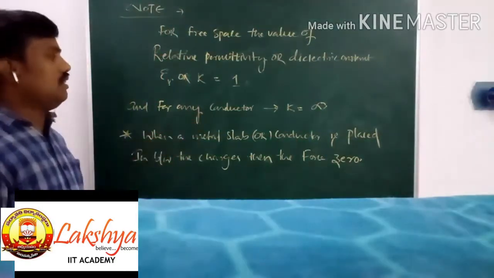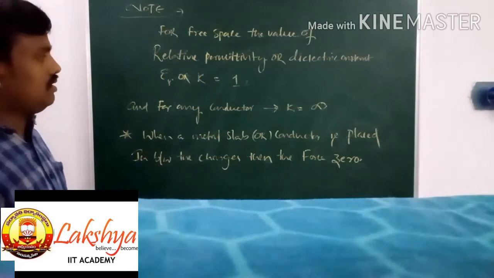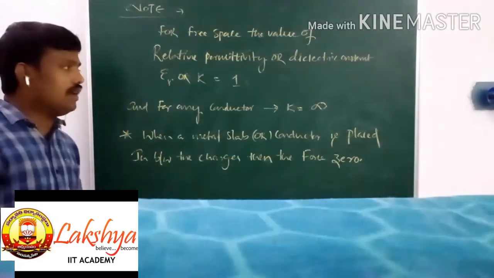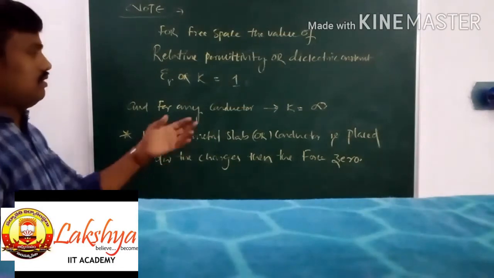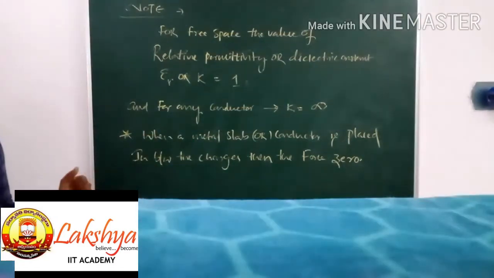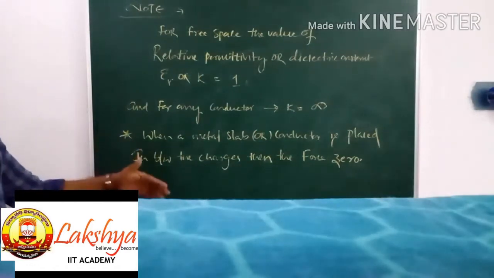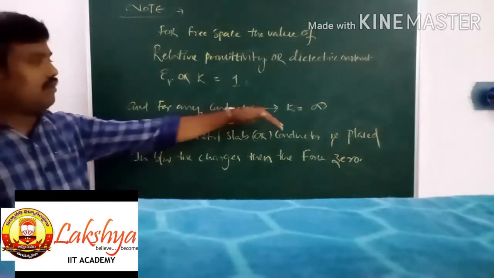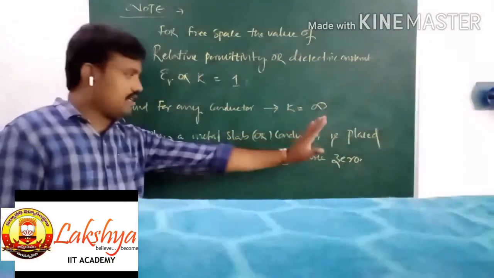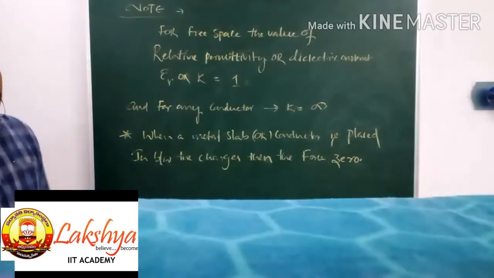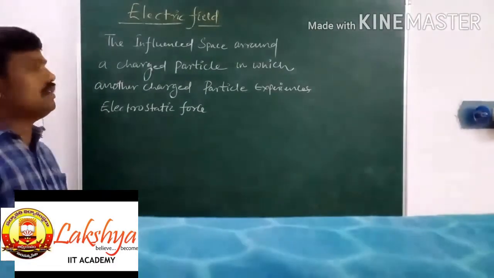Here the conductor or a good metallic slab is not going to allow any force in between the two charges. The reason you will learn in coming classes, but here we have to understand that the K value for metal slabs or for a good conductor is infinity. Okay, make a note.